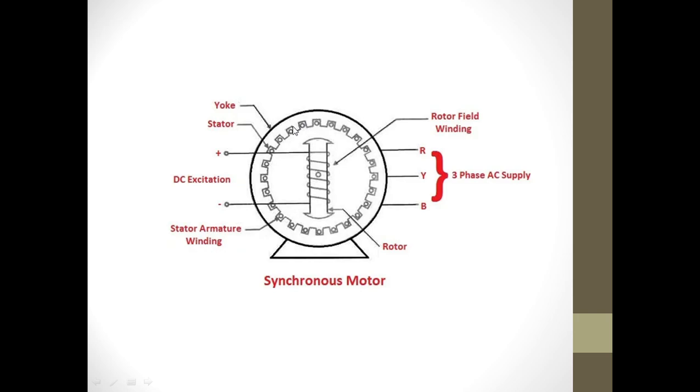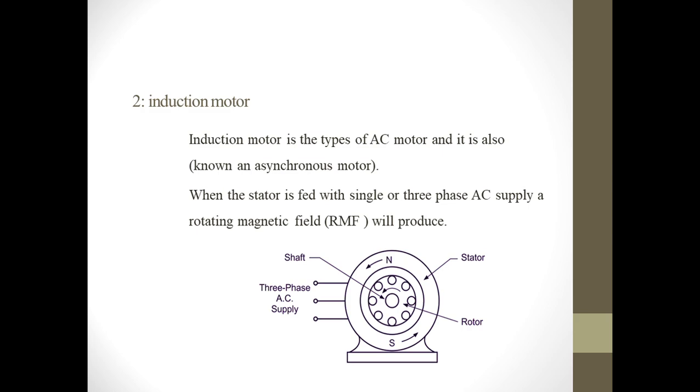It has slots in which we put our coils. Here on this side we have a three-phase AC supply, R, Y, B, or red, yellow, blue, and in the rotor we have a DC supply which we use for excitation to begin the rotation. So this is a synchronous motor, and number two is the induction motor.